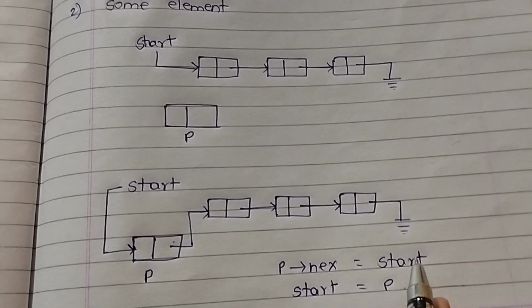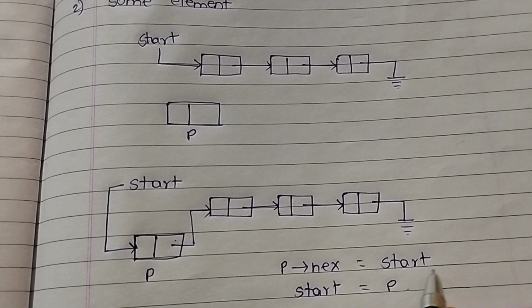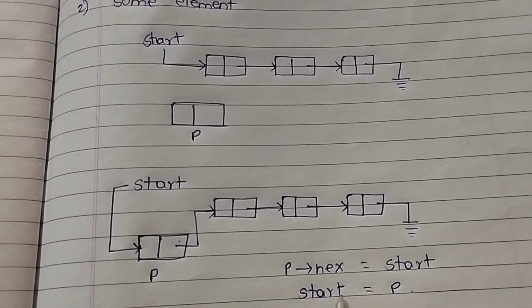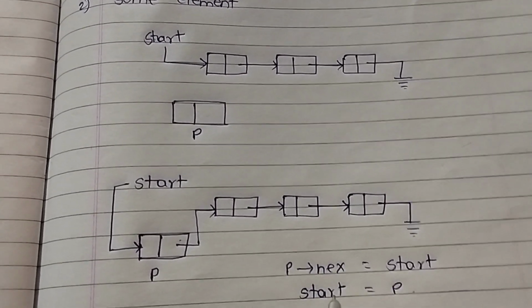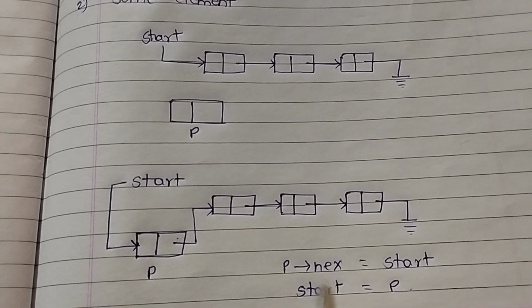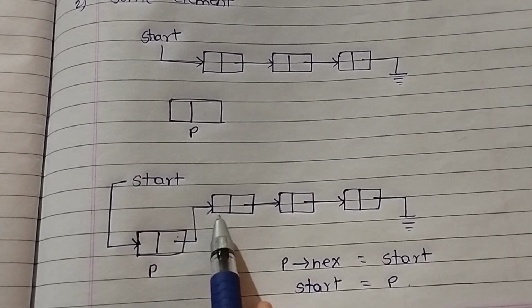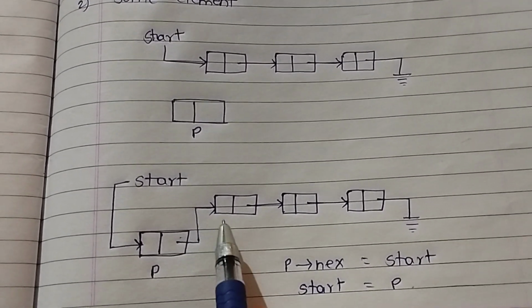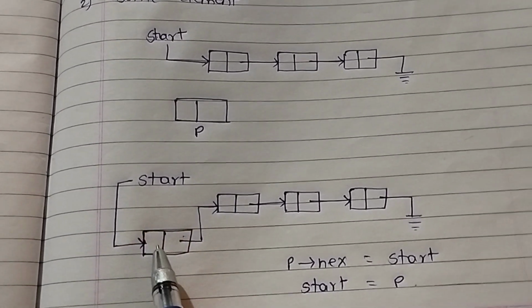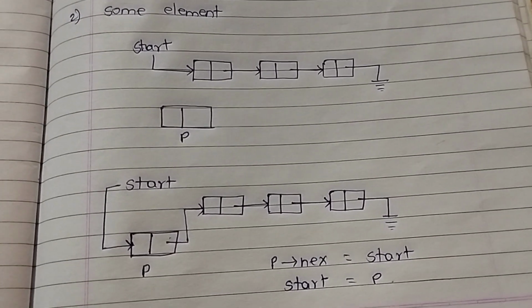The first start node's data we give to p's next, and then start is equal to p, meaning p is now created at the start. So in this way we create p at the start. I hope you get the idea about this.